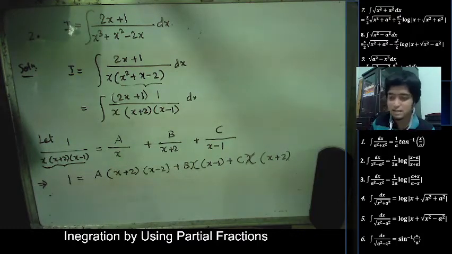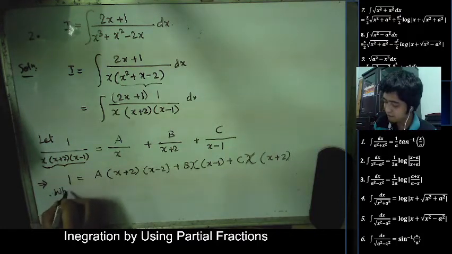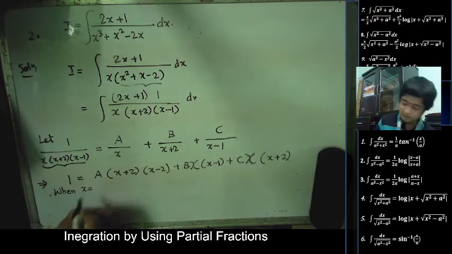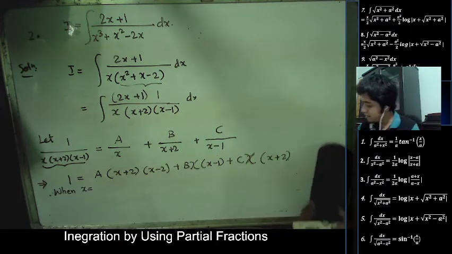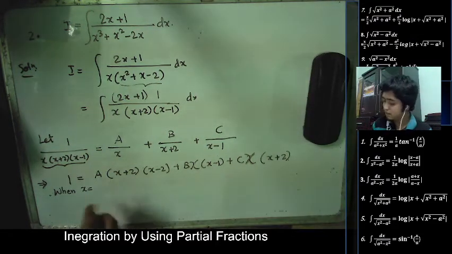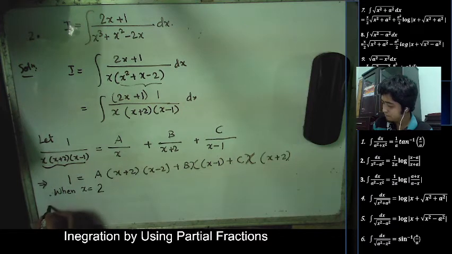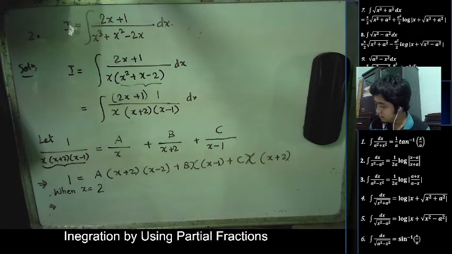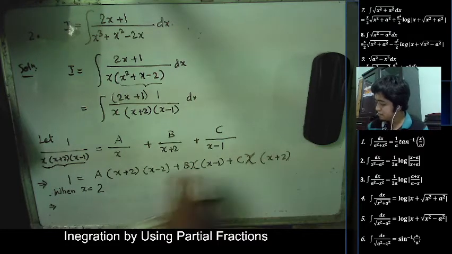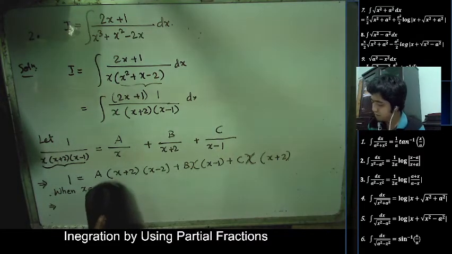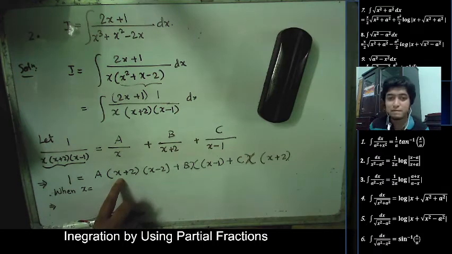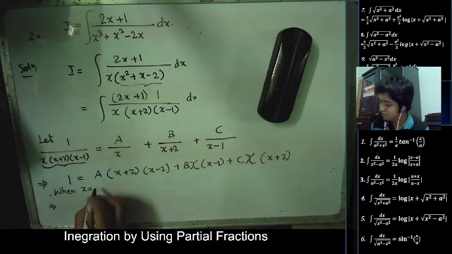Now we will just substitute some particular values of x. When x is equal to, okay, let us choose x is equal to 2. Okay, actually we can choose x equal minus 2, because if we choose x equal minus 2, then this one and this one will become 0.